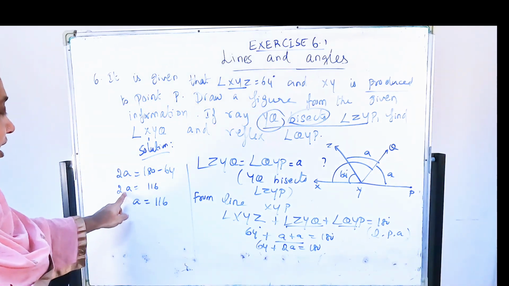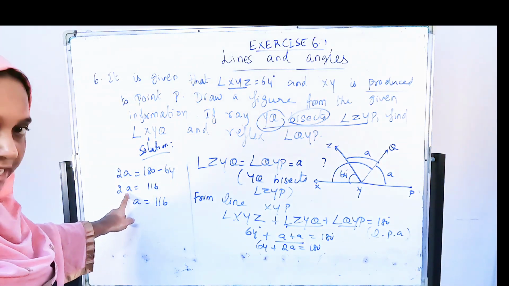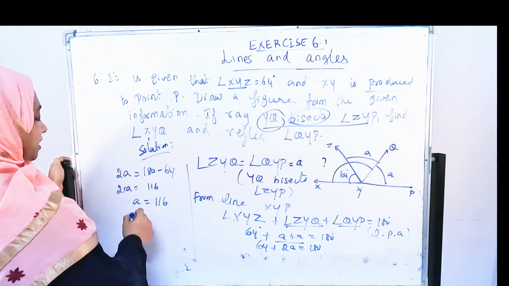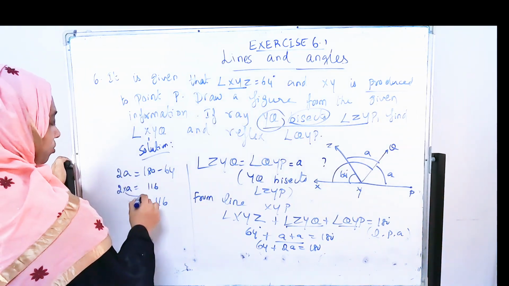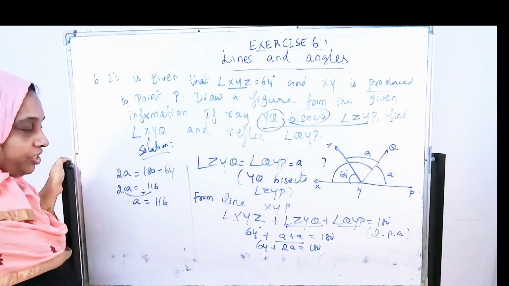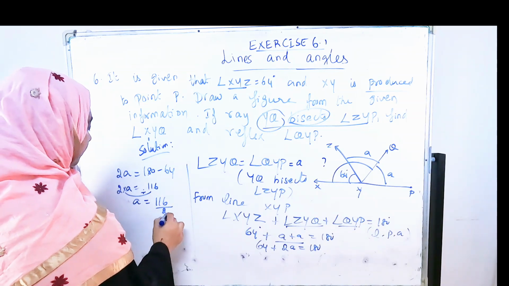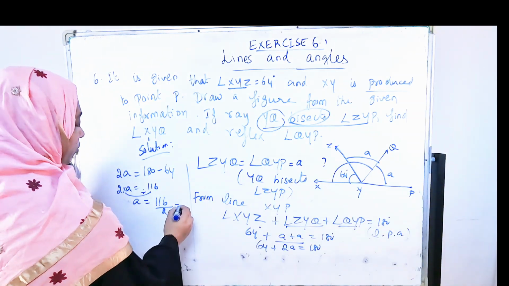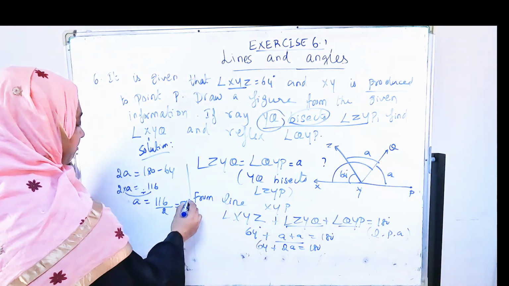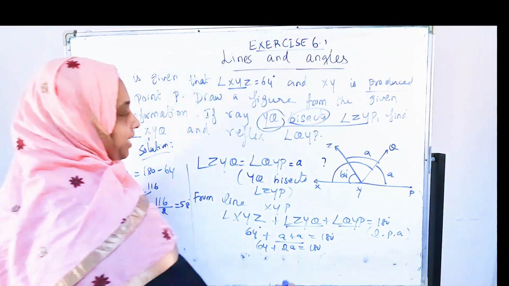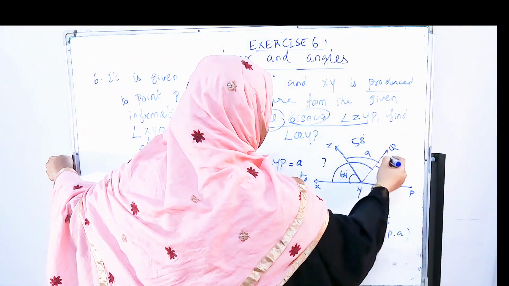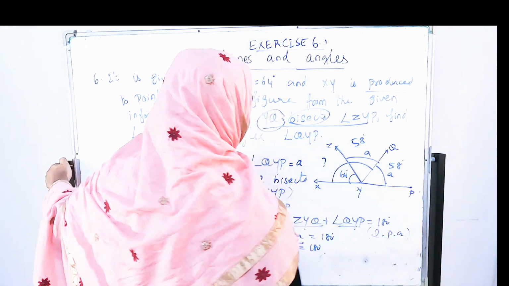Between 2 and A we cannot see any symbol, so it is multiplication. Multiplication coming to the opposite side becomes division by 2. So 2 5s are 10, 2 8s are 16, 58 degrees. A is 58, so this is 58 degrees as well as this is also 58 degrees.